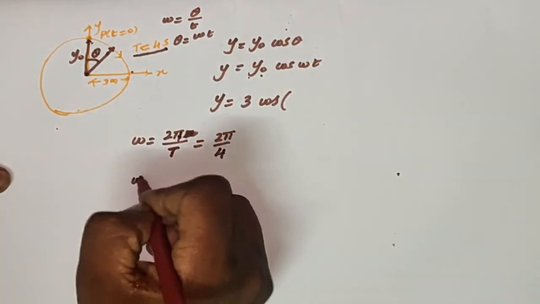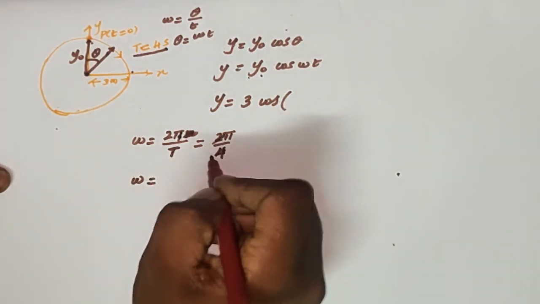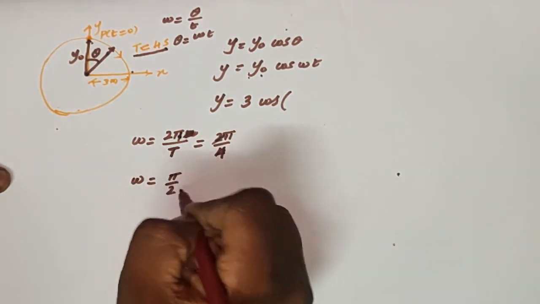So omega is equal to 2 pi by 4, which is pi by 2.